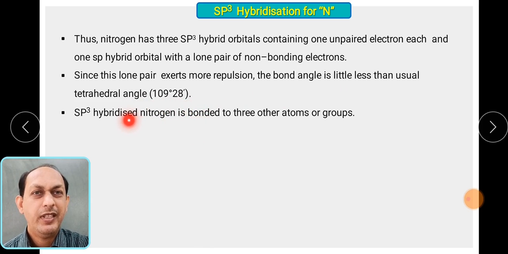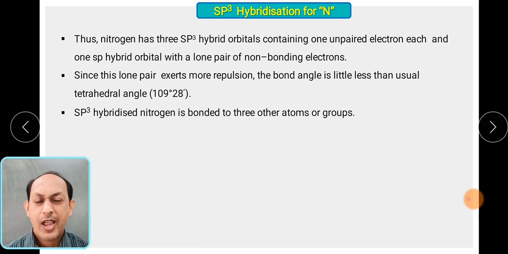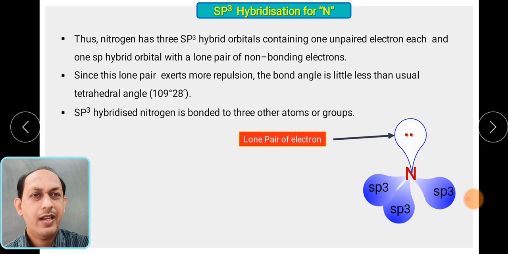The sp3 hybrid orbitals are bonded to 3 other atoms or groups. As we know, nitrogen has trivalency, so it can have 3 unpaired electrons. So nitrogen will form bonding with 3 atoms. Nitrogen has valency 3.